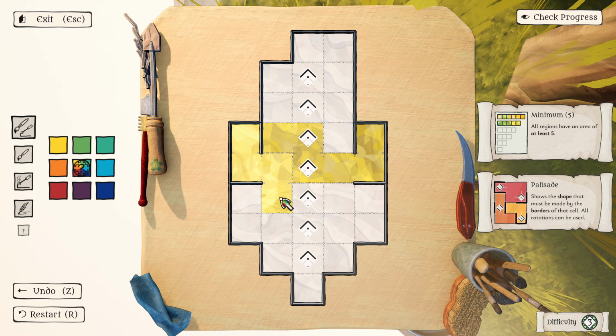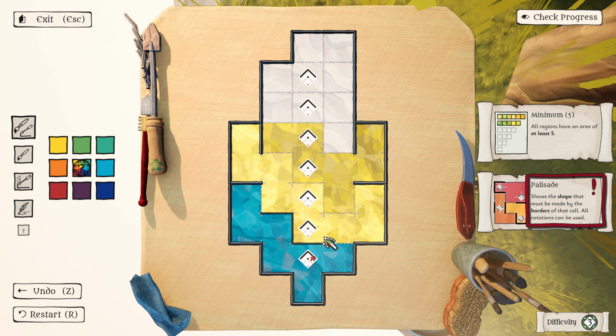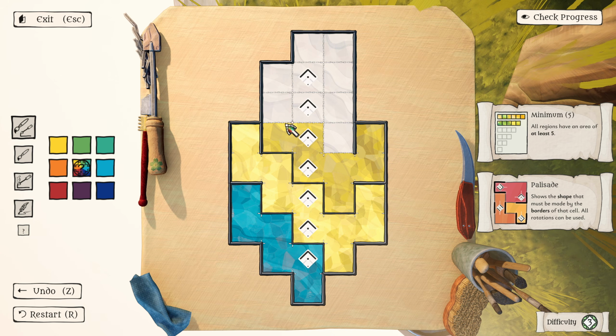I feel like there's a bit of logic I'm missing somewhere. Because I'm stuck on where I can keep building. Alright, that works.